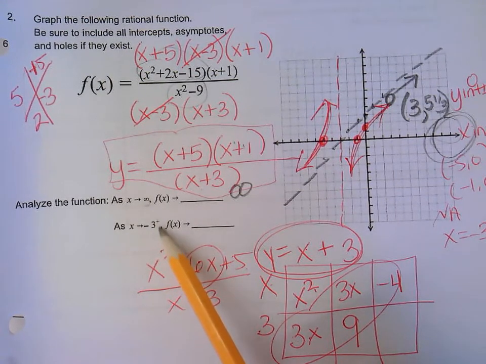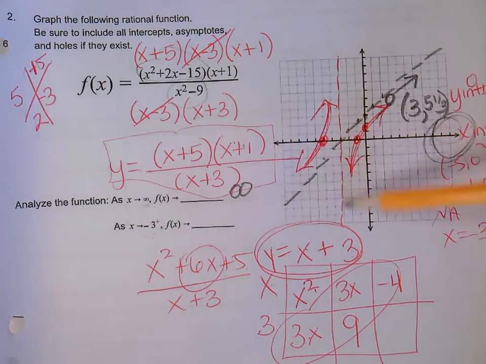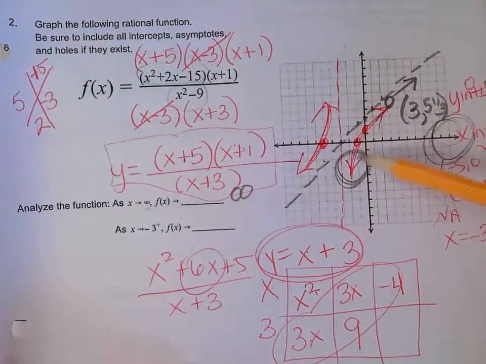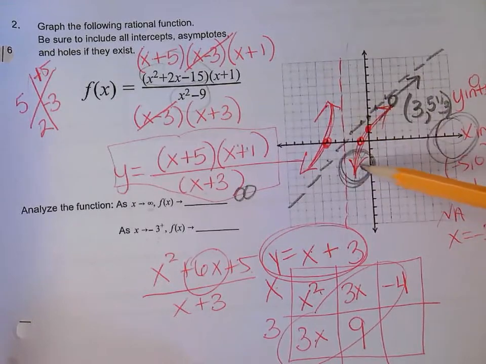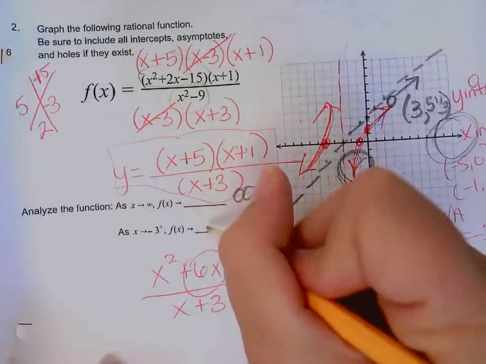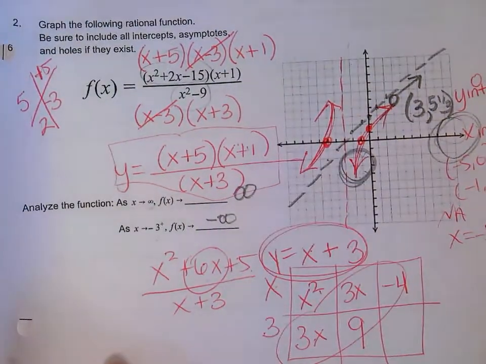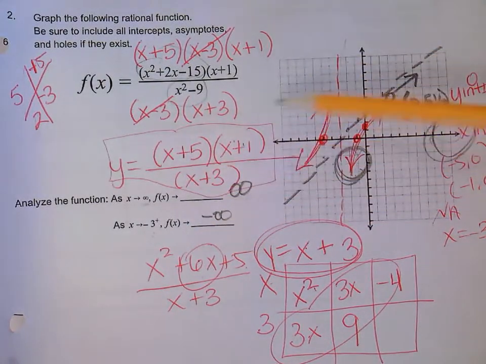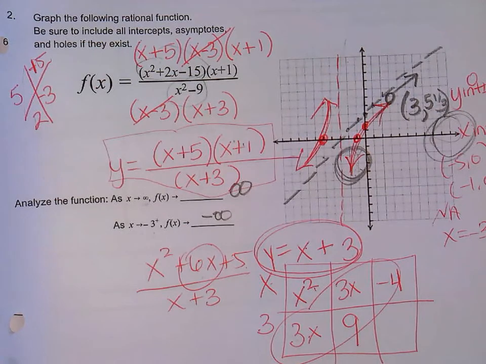That's what that plus sign means. Here's -3, and here is the right side of that approaching the asymptote. Do you see how that's shooting down towards negative infinity? I'm not going to ask a lot of analysis questions on your test, but there might be one of them because we've done it throughout this unit, analyzing the section of the graph.